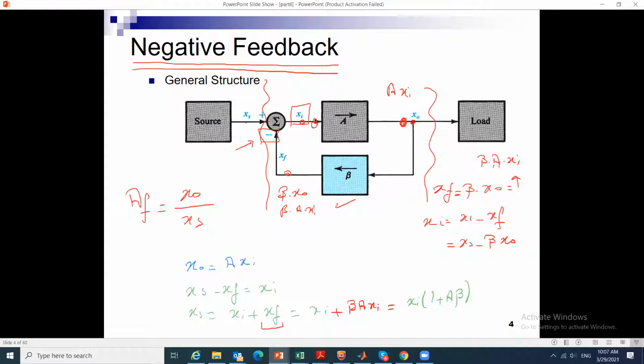Now I have Xo as a function of Xi, and Xs also as a function of Xi, so I can write this relation, and I will obtain that this is equal to A over 1 plus A beta. If I take these two and put the ratio, I get A over 1 plus A beta. Therefore, the feedback reduces the main gain of the A block by a ratio of 1 plus A beta.